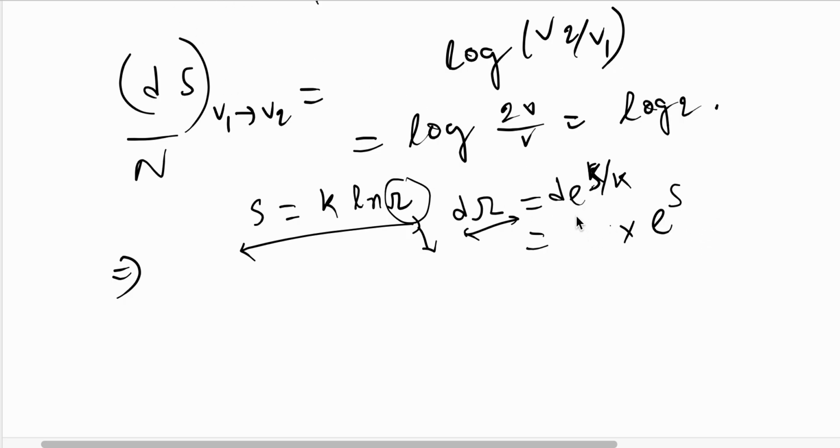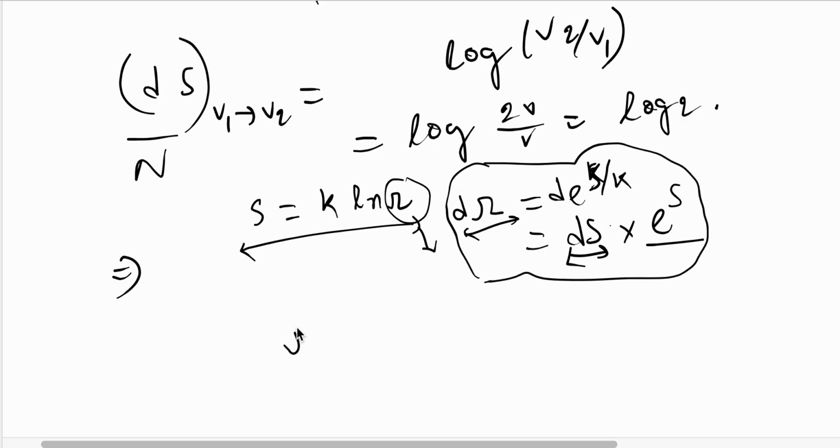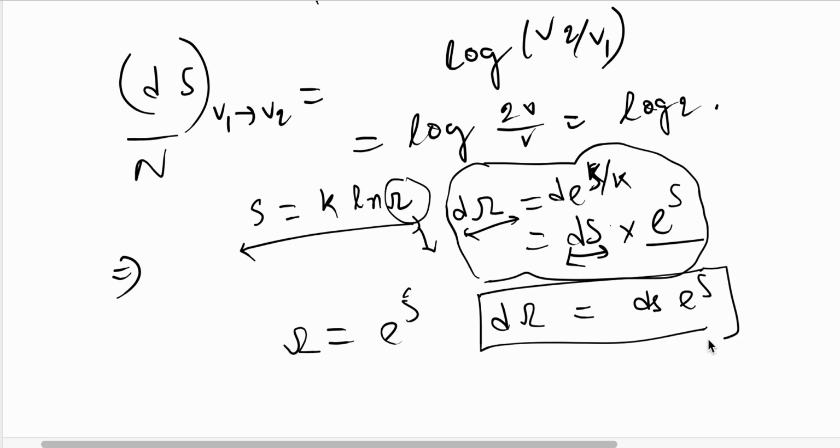So it is ds, the change in entropy, into e to the power S, that will be the change in the number of microstates. So now, what is the change in microstates? That will be simply ds into e to the power S.